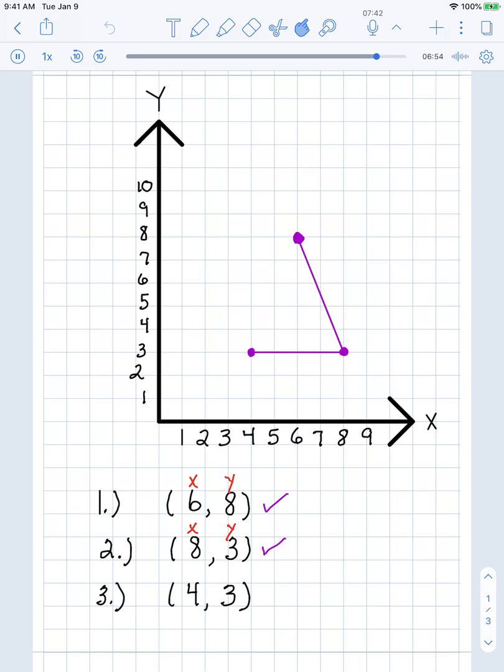There. And I have completed that. Well, that's not exactly a complete picture, is it? But if I connect my last problem, 4, 3, with my first one, and I close my shape in, now I have my closed polygon, and I just happen to make a picture of an isosceles triangle.